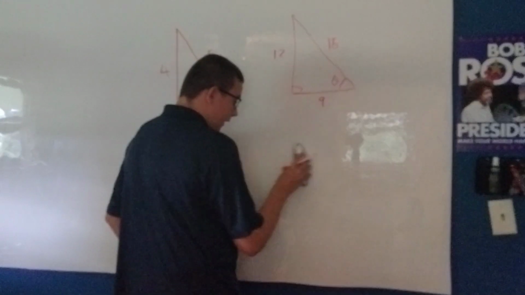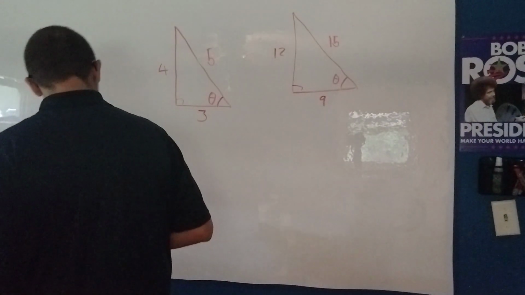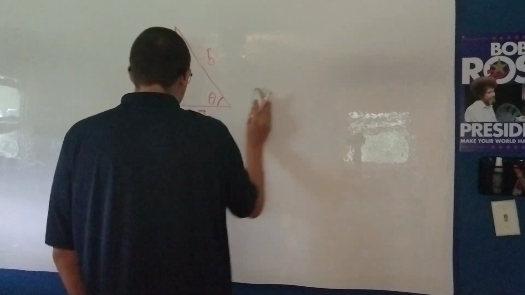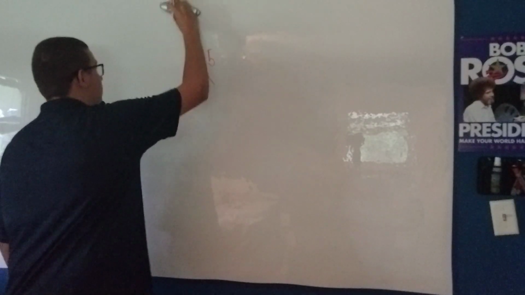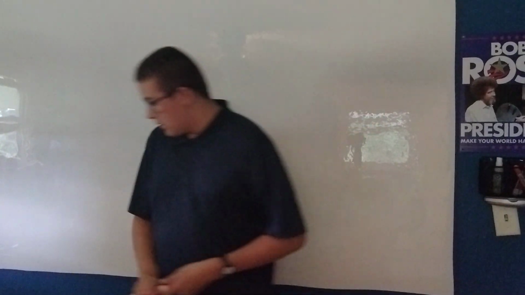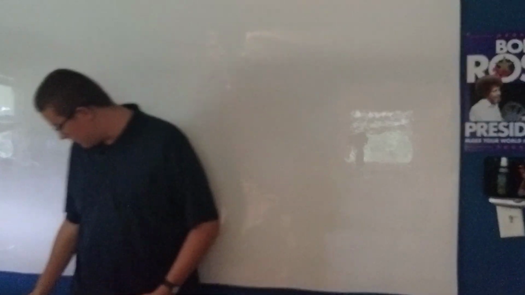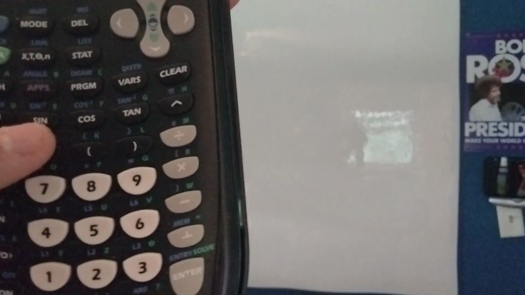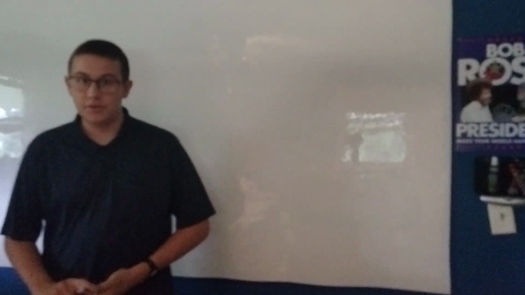And now we have fancy names for these ratios: sine, cosine, and tangent, right? So let me show you the sine. If you look on your calculator, and I don't know if you're going to be able to see this, there's a sine button right there, cosine and tangent right there. If you press those and then type in your angle.